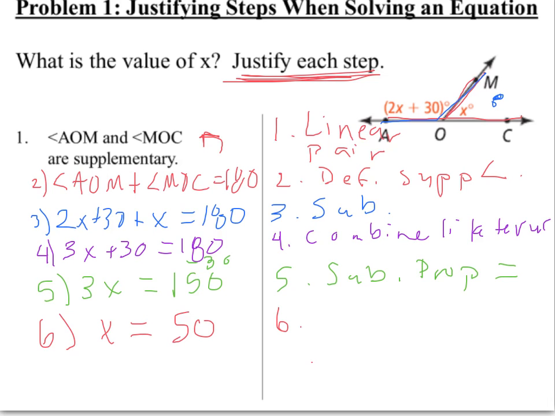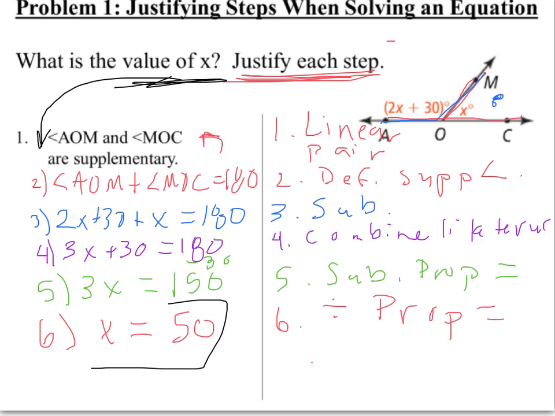And how I got there would be division property of equality. Once you get to the step that you have the answer for, so I was looking for x and I found x, then you're done. You don't have to write done. Once you see your objective or your proof statement, you are done.